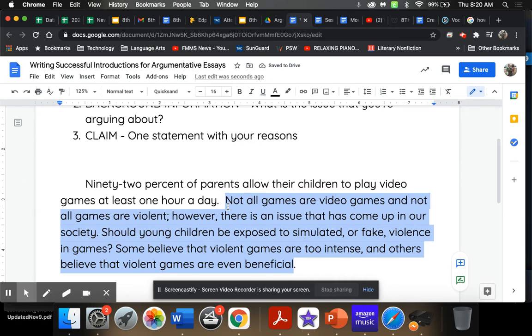I'm giving both sides. I'm talking about the issue. I mentioned that it's simulated violence, that it's fake violence, that it's not just video games, that it's all games, okay? I am not giving information on the text yet or on Hijinks Shootout because that's not what we're debating. We are debating about simulated violence. So I'm giving information on the issue, okay?